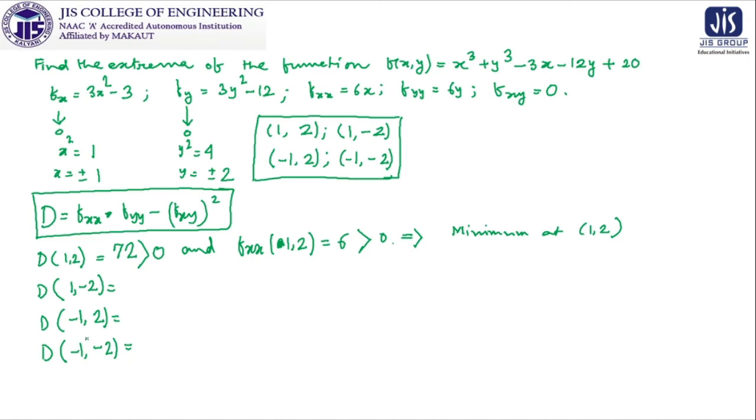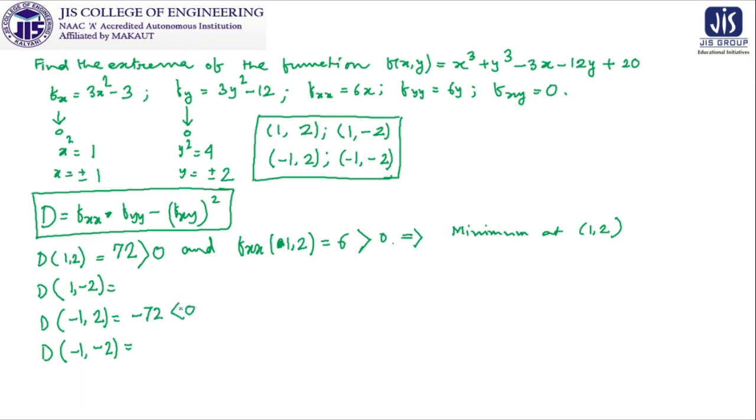So suppose I calculate D of (-1, 2). In this case in place of x will be -1, so it will be -6, and 2 means 12, so it will be -72, which is less than 0.